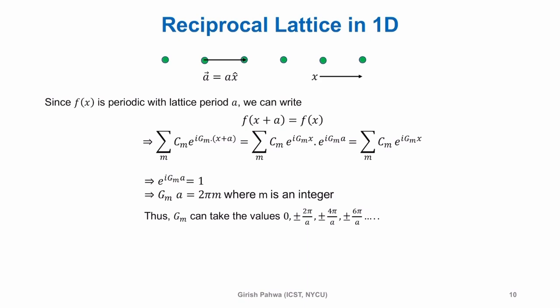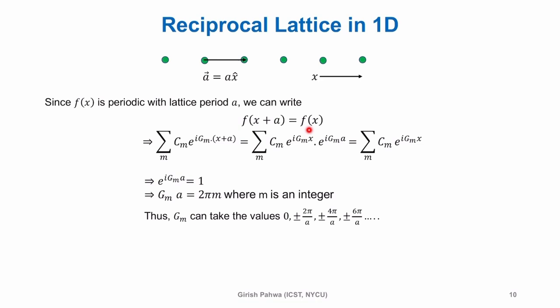Okay. Now this is what my Gm is. So when you are expanding the f(x) in terms of these waves, e to the power iota Gm x, those Gm, the wave vectors, have this form. They have to be equal to 0, plus minus 2 pi by a, plus minus 4 pi by a. And this is the information of the f(x). Okay, where is the information of this f of x? So f of x can be expanded like this.